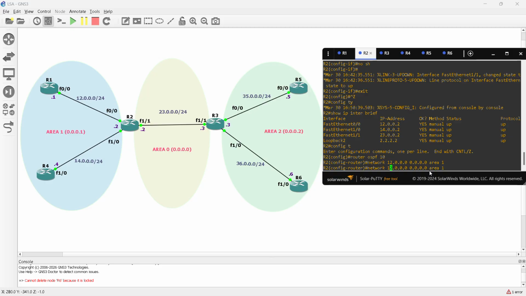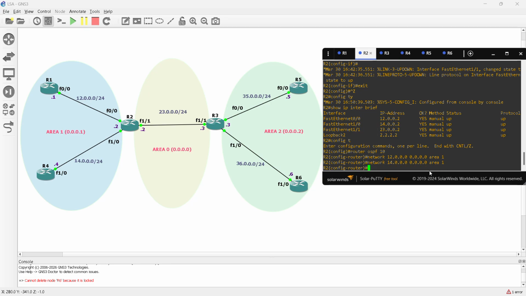After that, 14, area 1. After that, 23 for our area 0, 23.0.0.